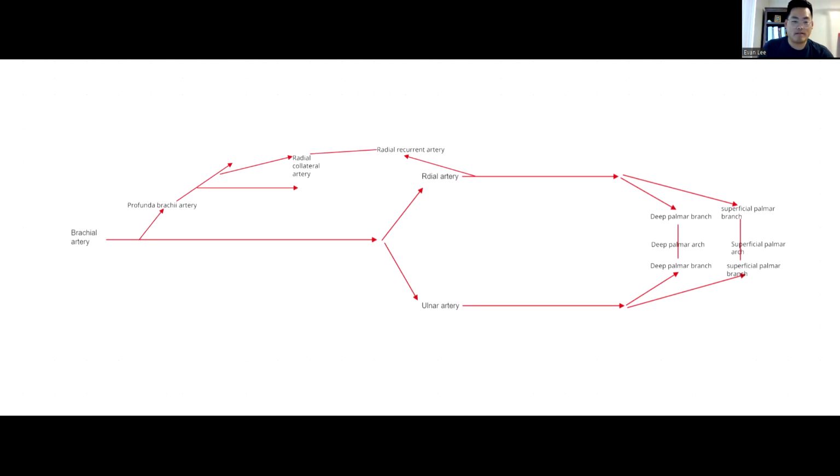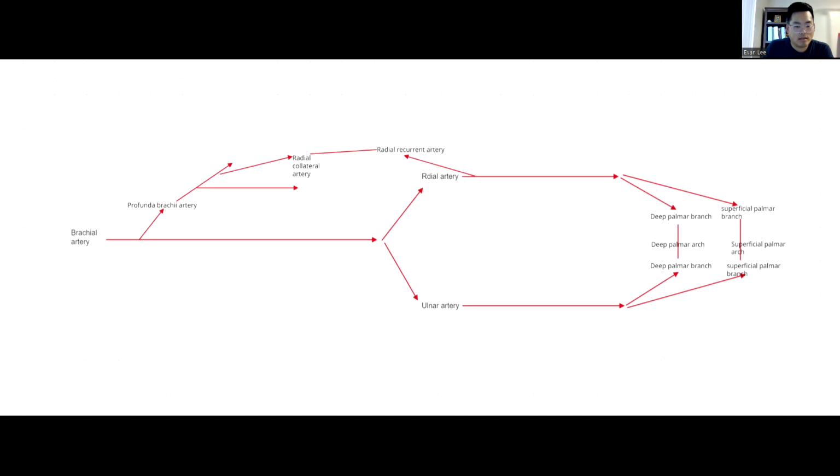So if the radial collateral artery gets broken, the radial recurrent artery will be able to bring blood along the elbow. Or more often, if pressure were put on the elbow in a certain way, then every time you move, you're going to be squeezing certain blood vessels. So this helps to make sure that this part gets blood in general.